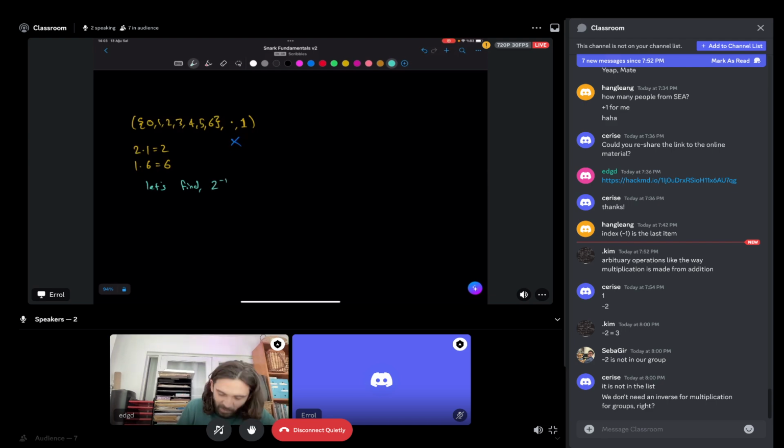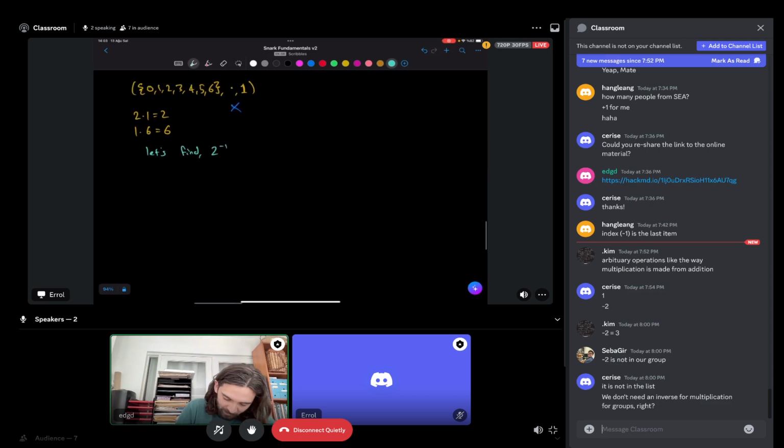Let's find 2 to the -1. I will usually use this power of -1 to denote a multiplicative inverse. What does that mean? It means we have to find a such that 2 times a equals 1.